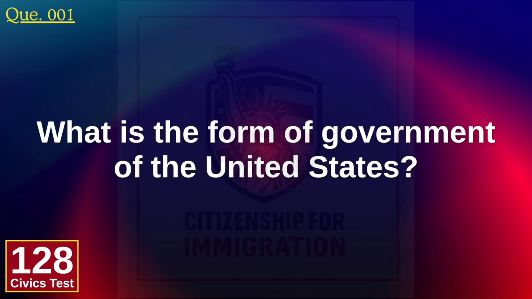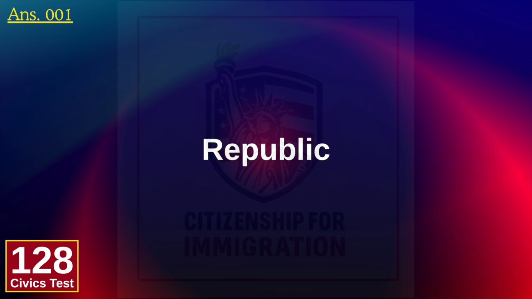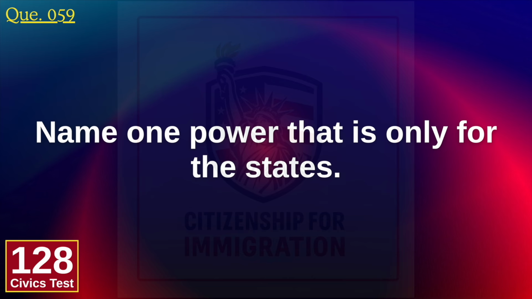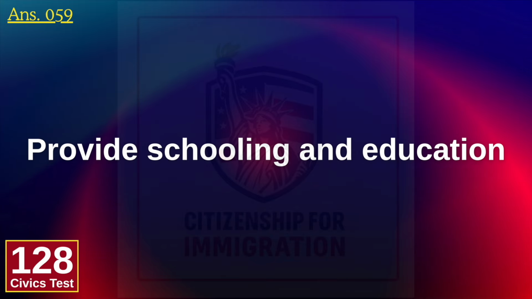What is the form of government of the United States? Republic. Name one power that is only for the states. Provide schooling and education.